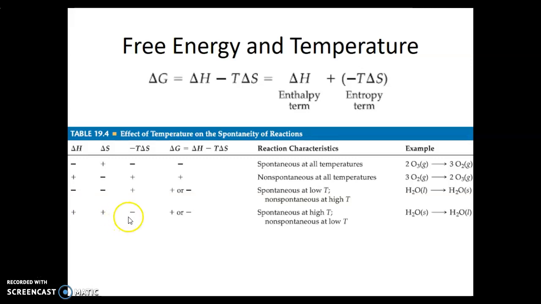Then that's going to be spontaneous at high temperatures, when this value is great enough to overcome your delta H value. And here are some examples of this. Notice that liquid water becomes a solid at low temperatures, because that's when water freezes into ice. But at high temperatures, that's when ice melts into water.